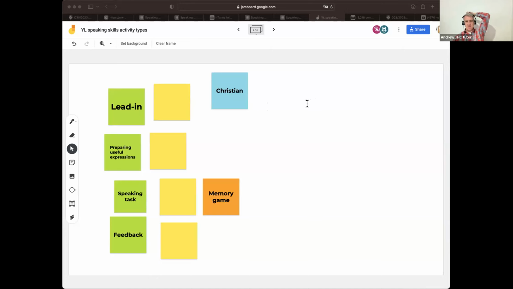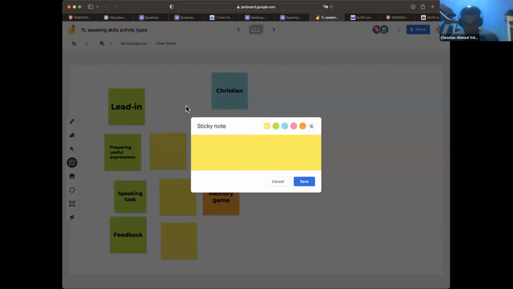So it requires them to repeat a certain structure or word. Yes, but in this case, if I give them the sentence, I went to market and bought, could I teach about vocabulary of food? Right, I think you would need to, wouldn't you? But that would be in the preparing useful expressions, right?